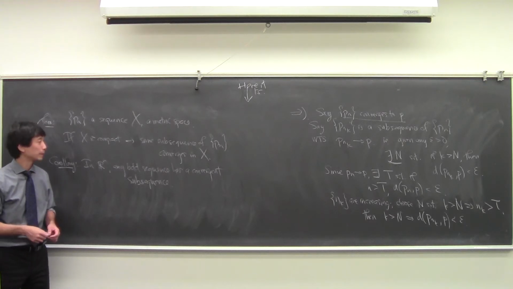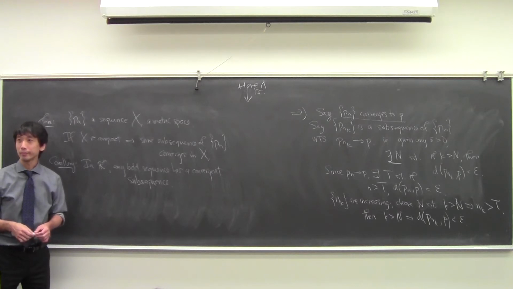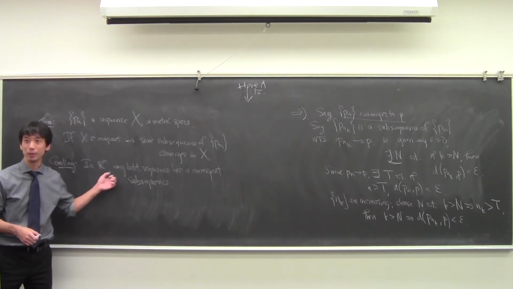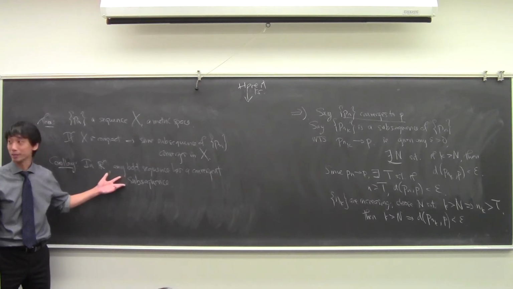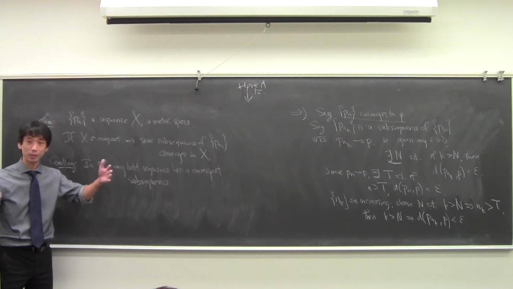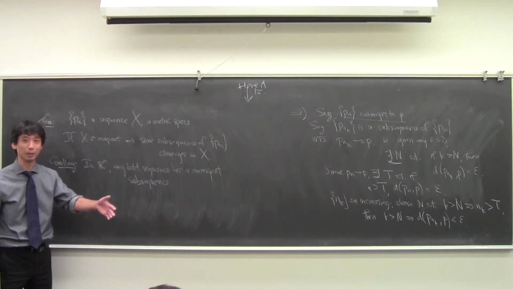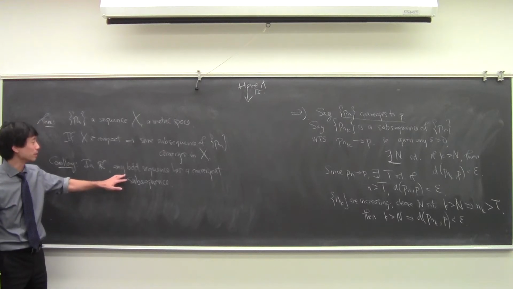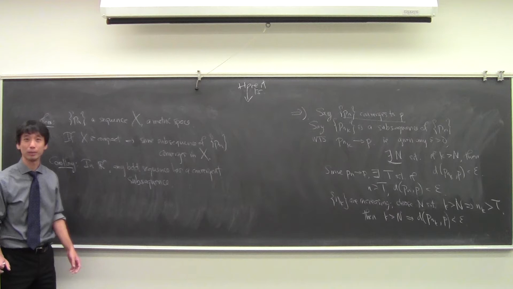Why? Because if you're bounded, then you're sitting inside of a compact set. If you're bounded, you're inside some ball. Make sure that the ball is closed, and then it's a compact set. If it's not closed, close it. Then you have a sequence inside a compact set, and it has a convergent subsequence.